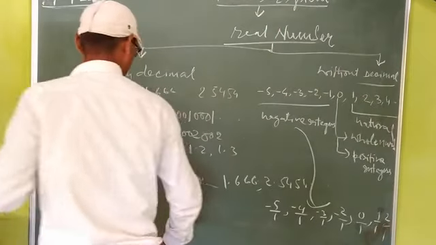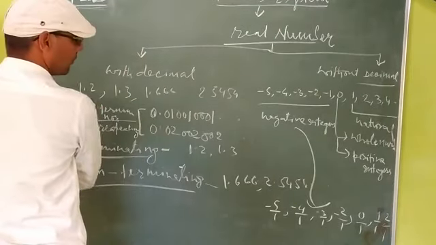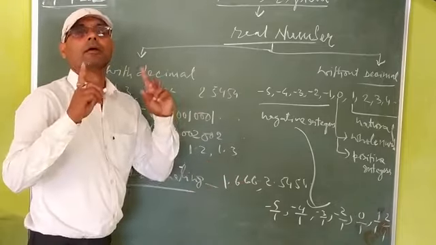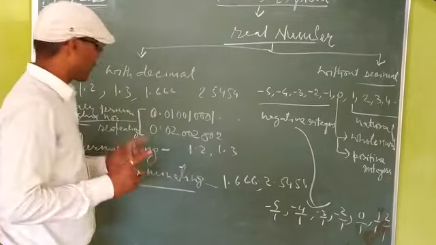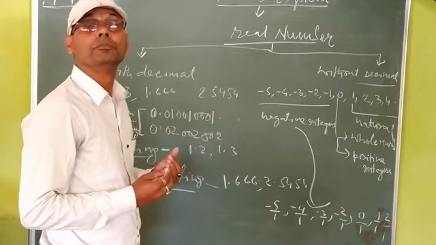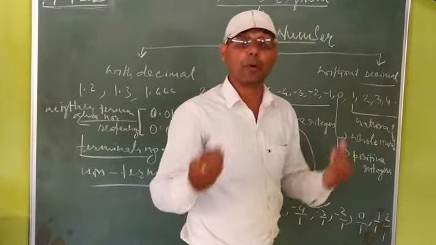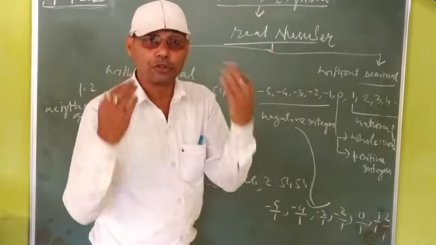But this non-terminating number, we cannot exhibit in the form of P by Q, where Q is not equal to 0.